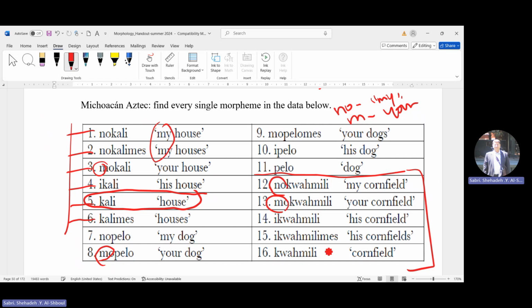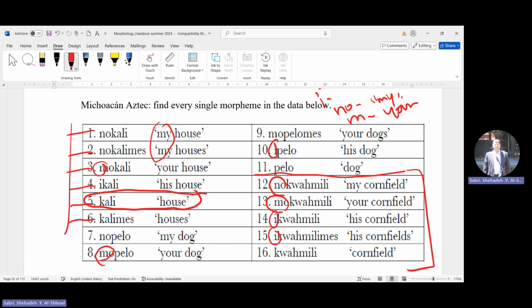Ikali has the prefix e, which means his, okay? It is his. This is also present in Epilo, right? And in Ekwahmili, Ekwahmilimis, as a kind of third person possessive.